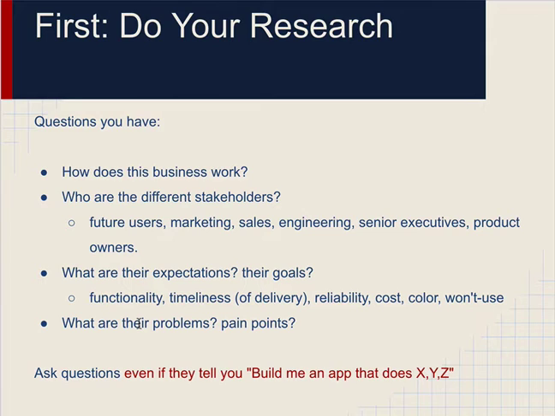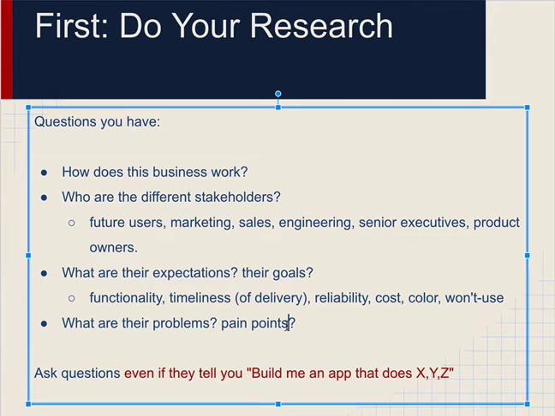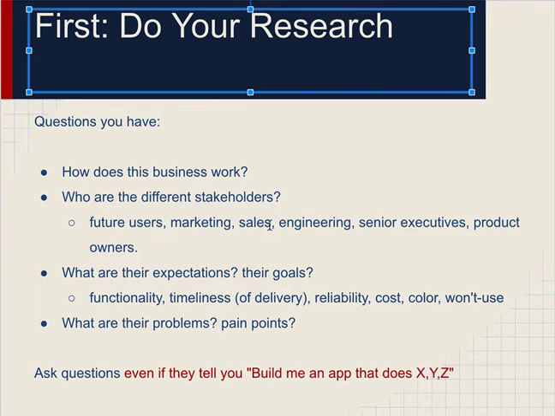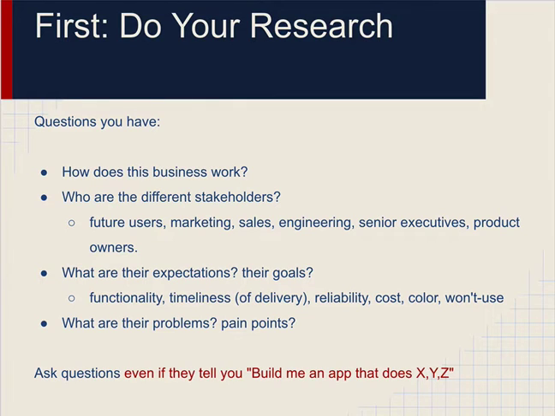So a common thing you will find when talking to a client is they already suggest a solution to you, as our clients do. They're like, I need this app built, and they tell you sort of what it should do. But you obviously want to listen to that, and at the same time, you want to go back and ask them, why do you think this is the right answer?